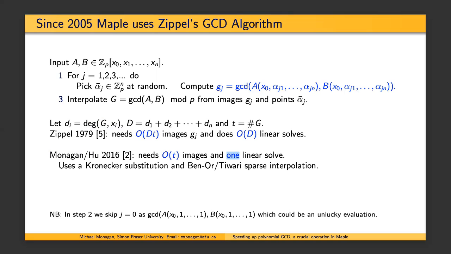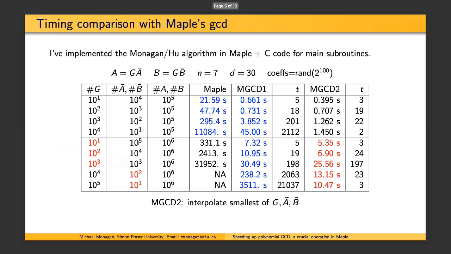Before I explain the algorithm, I'd just like to show you the results, how much faster this new algorithm is. So what I've done is I've implemented the new algorithm in Maple with some subroutines coded in C for efficiency. And these are the results that I'm getting on one benchmark. In this benchmark, I'm writing A as the GCD G times A bar.